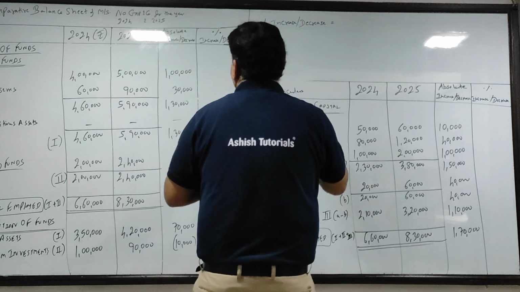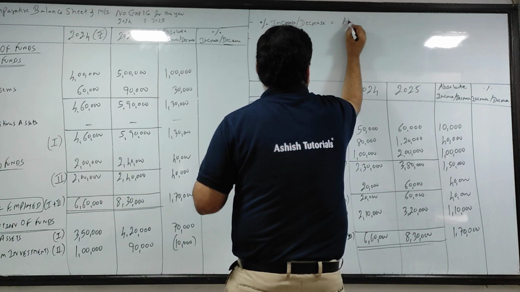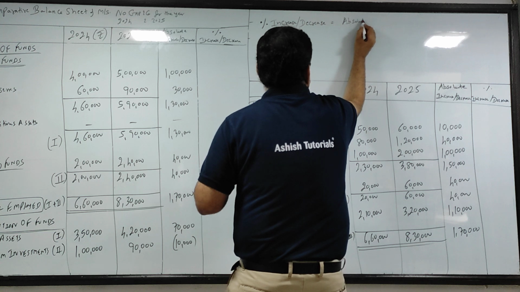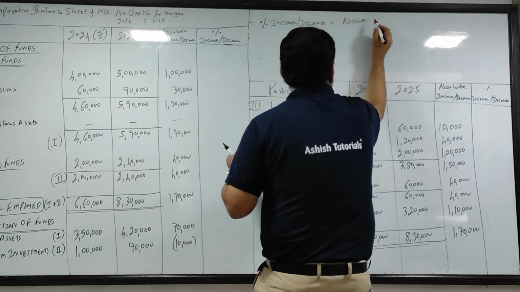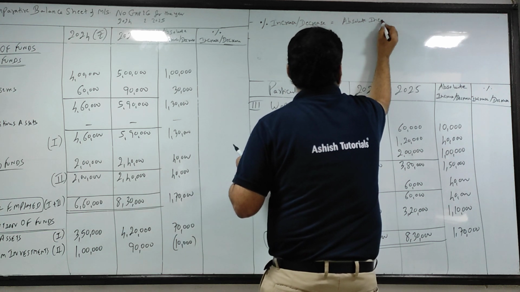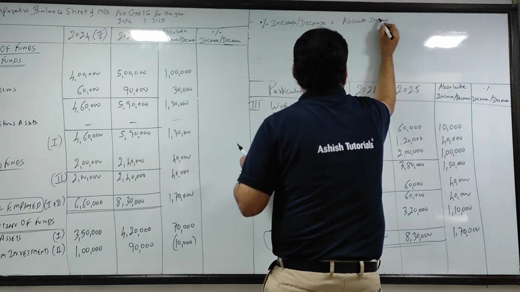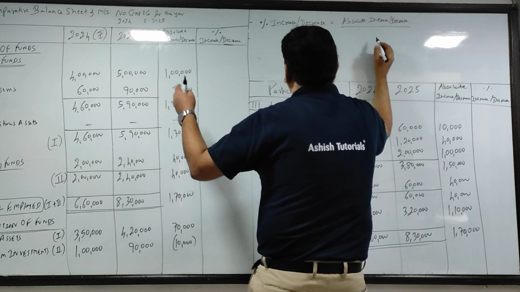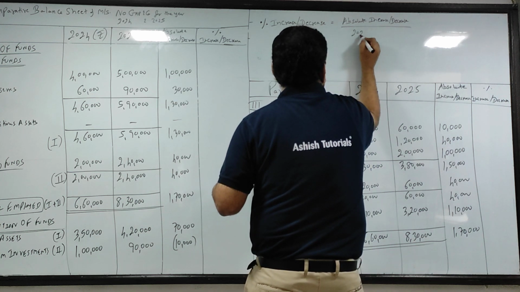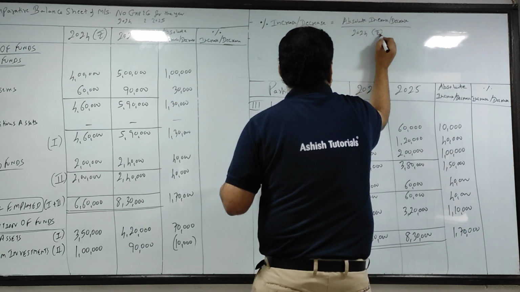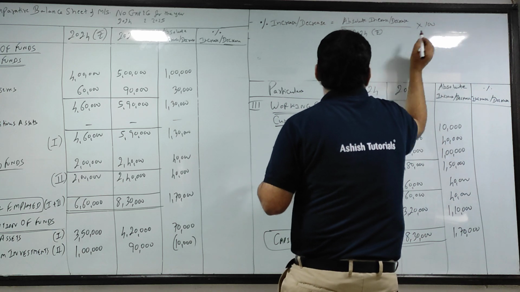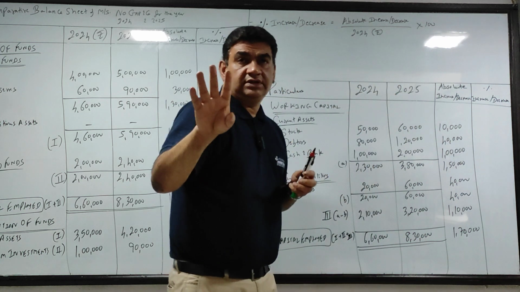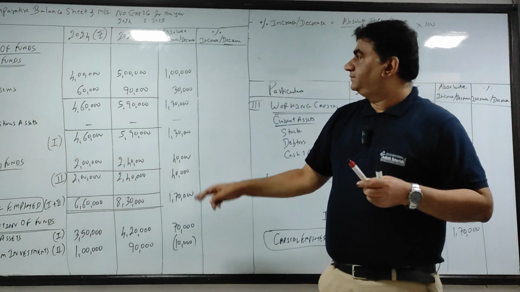Percentage increase decrease is equal to absolute increase decrease upon 2024 का amount into 100, or you can say last year का amount. Getting it? I'll repeat.